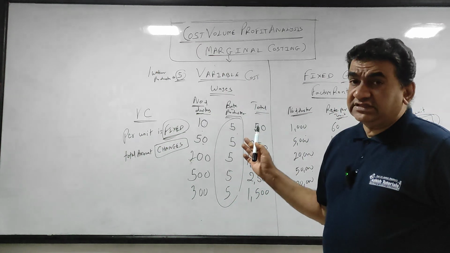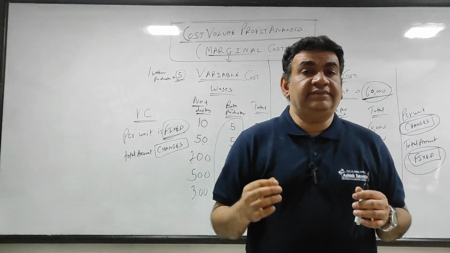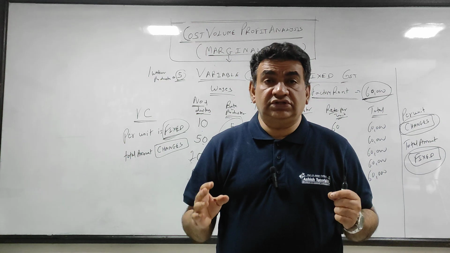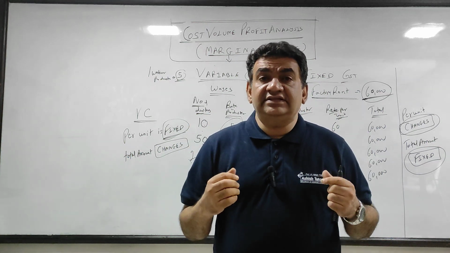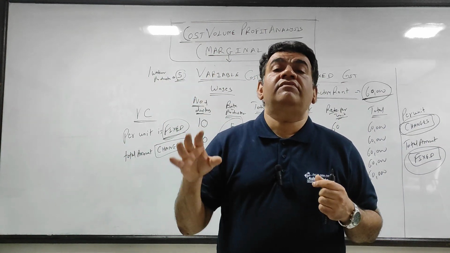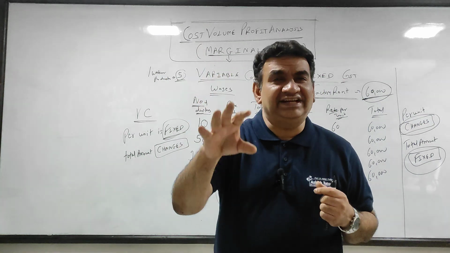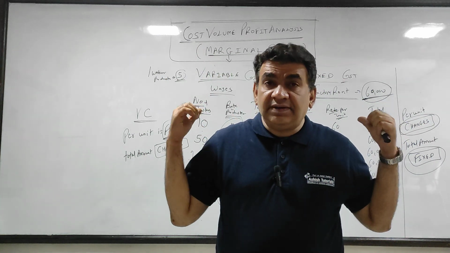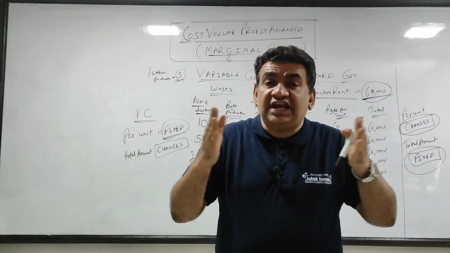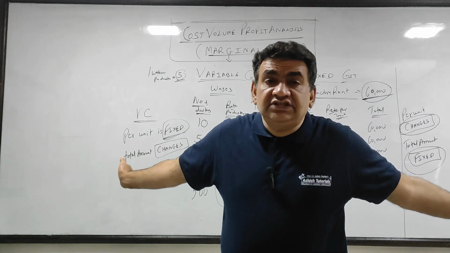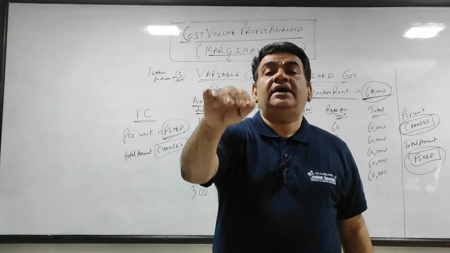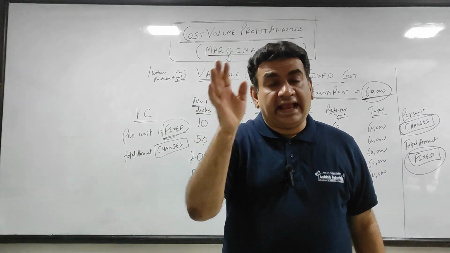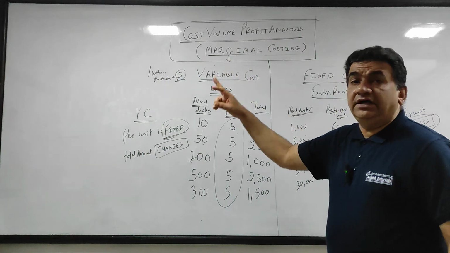So because of this, if in costing it becomes difficult sometimes to get the total cost, so for that convenience the concept of marginal costing was introduced. To consider this concept of cost into fixed and variable, where this is the situation, ascertainment of marginal cost concept came into picture.